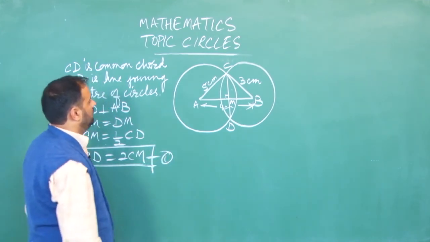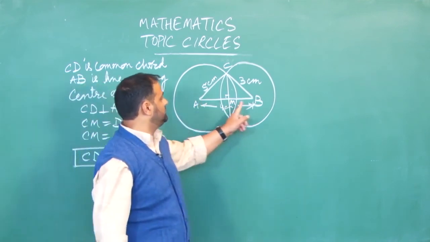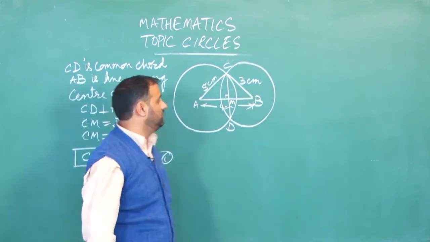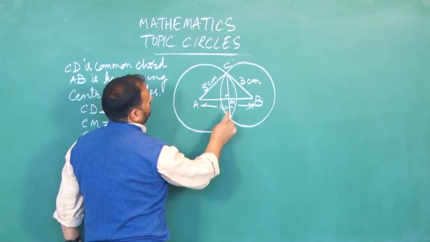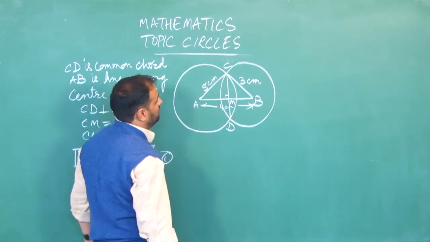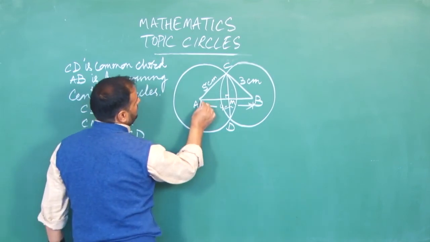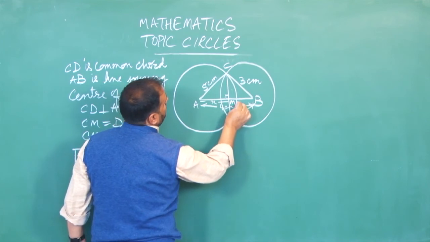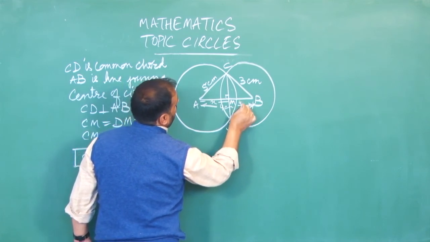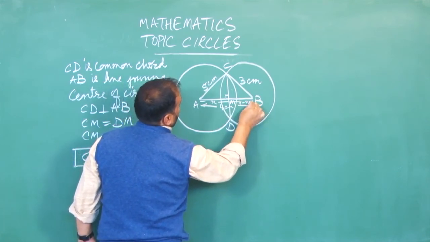Now, the distance between the centers is 4 centimeters. We do not know the distance from the point of intersection M to either center.